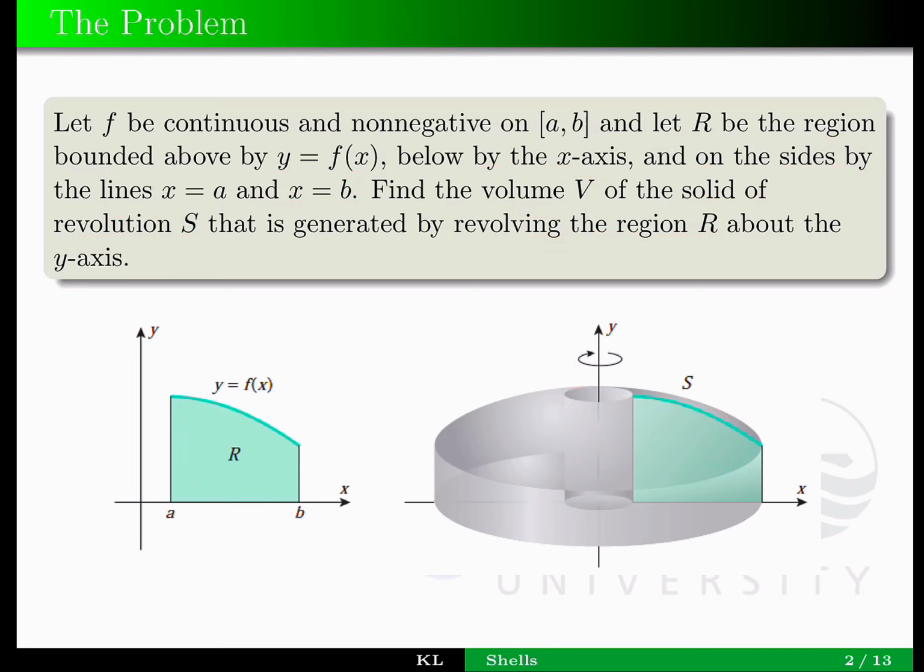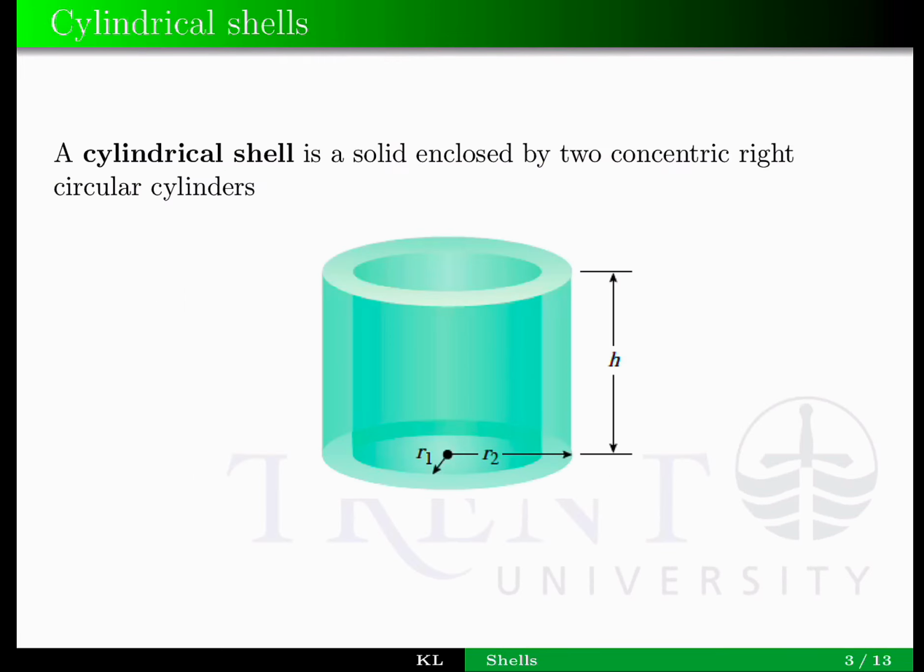So what is this method of cylindrical shells? First, let us define what a cylindrical shell is. A cylindrical shell is a solid enclosed by two concentric right circular cylinders. So in here, I have a smaller cylinder, and I have another, bigger cylinder, which has the same center as the smaller one.